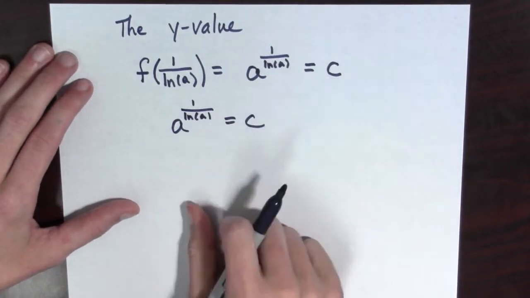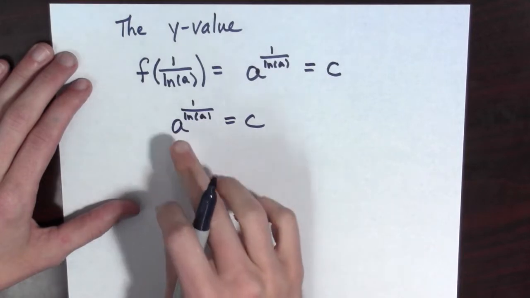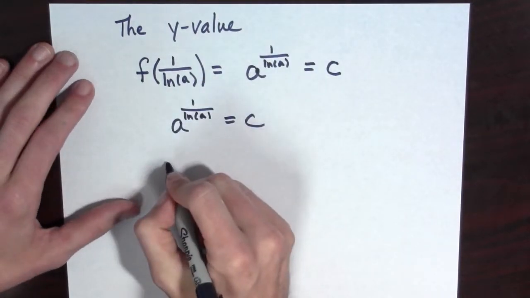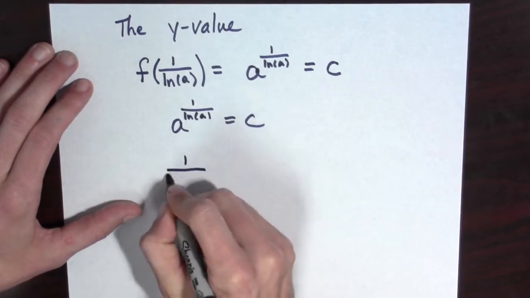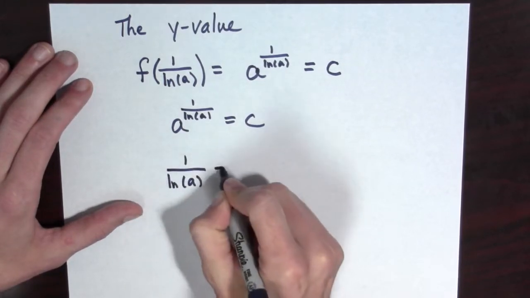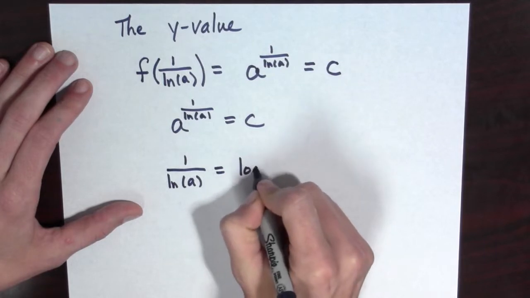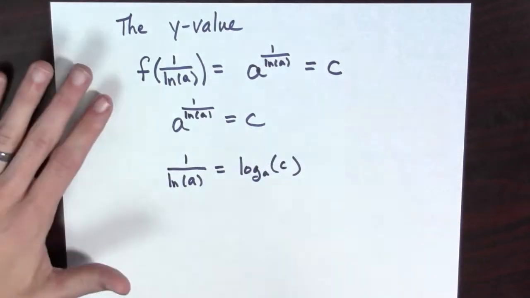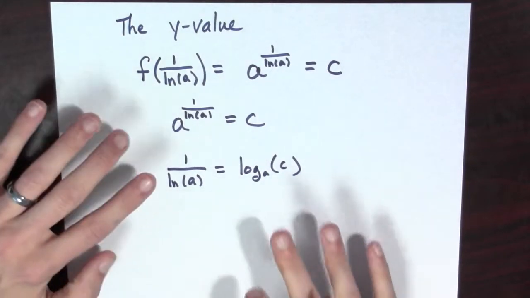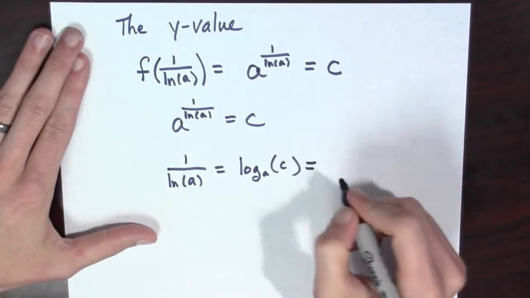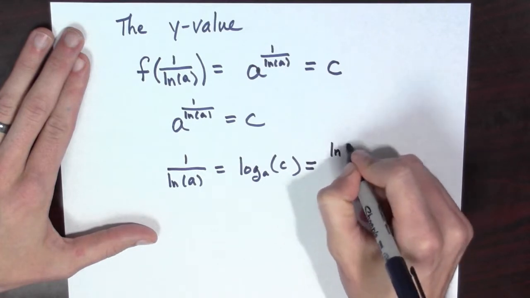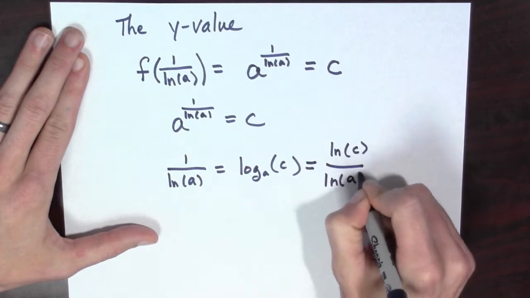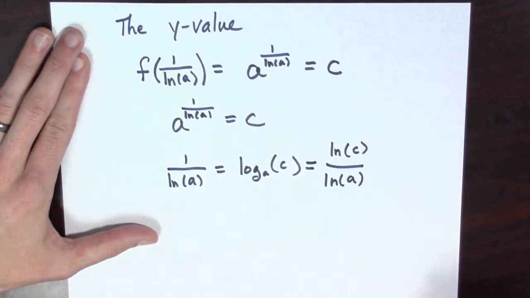A good first step would be to take the log base a of both sides so I can get my hands on this exponent. If I do that, I'll have 1 over natural log of a is equal to log base a of c. And here's where some log rules are really going to pay off. This is equal to the natural log of c over the natural log of a. Aha!